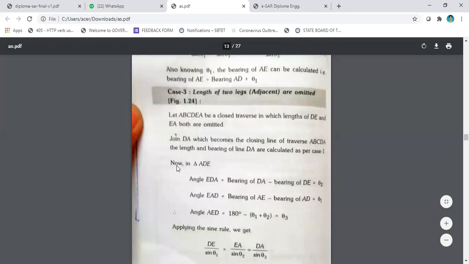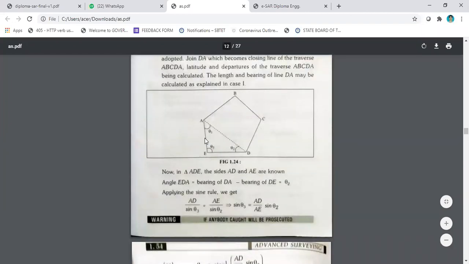Fine. So now, how to proceed? As these 2 sides DE as well as EA are missing, initially we must consider a four-sided traverse like AB, BC, CD, and DA. DA is the closing side of the traverse.